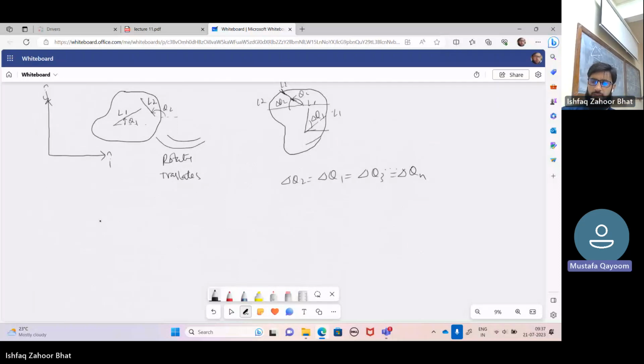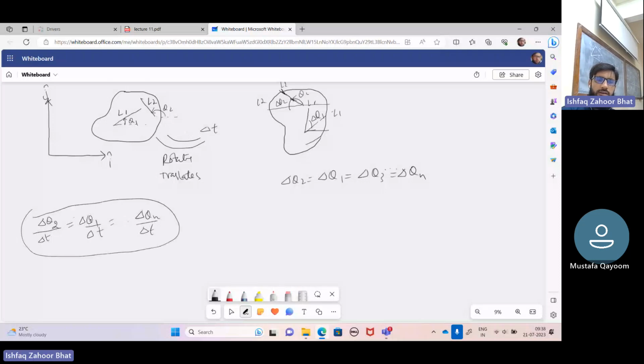Now we define, if we define by t, it takes some time, let us take it takes delta t time. So delta theta 2 upon delta t, delta theta 1 upon delta t, equal to delta theta n upon delta t. So all these are equal, isn't it?